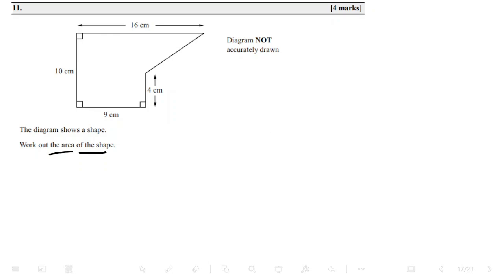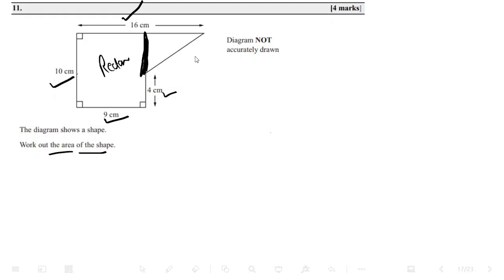Now see what is exactly happening. This is question number 11. Now see this top length: it is 16 centimeters, bottom length is 9 centimeters, left height is already given as 10 centimeters, and the small vertical height is 4 centimeters. So there is a method we can use, splitting the shape. If I draw a line like this, we get a rectangle, right?